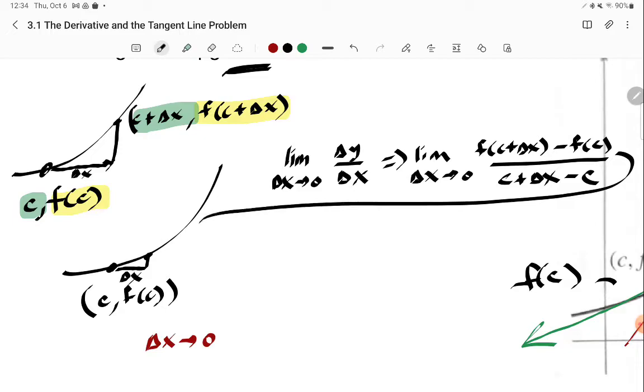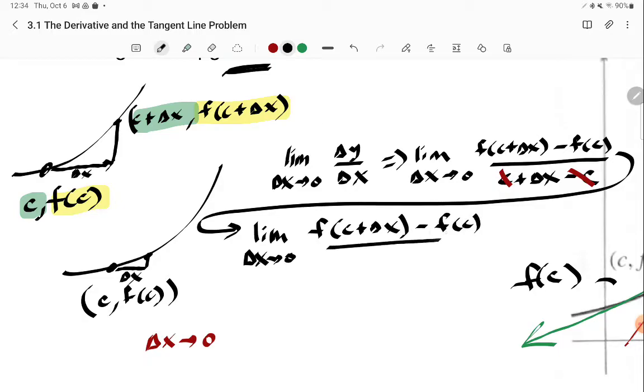I'm going to rewrite it again because on the bottom those c's will cancel. So the limit as the change in x approaches 0 of f of c plus change in x minus f of c, all over just the change in x. And that is our slope.